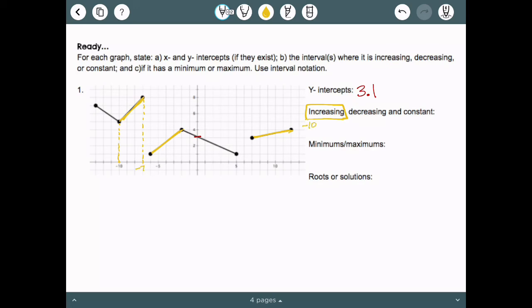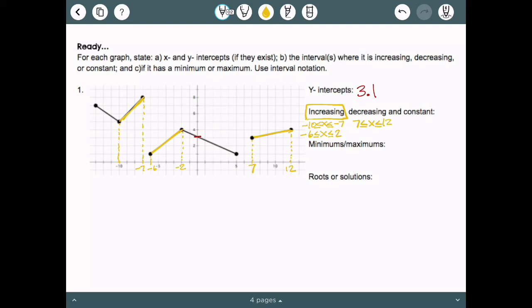So -10 is less than or equal to x, less than or equal to -7. I'm increasing here from -6 to -2, so -6 is less than or equal to x, less than or equal to -2. And then finally this one, which is a 7, all the way up to a 12. So we're also increasing from 7 to 12.